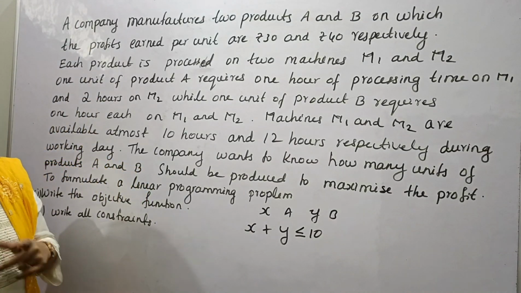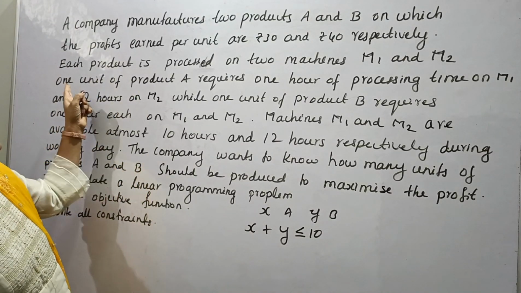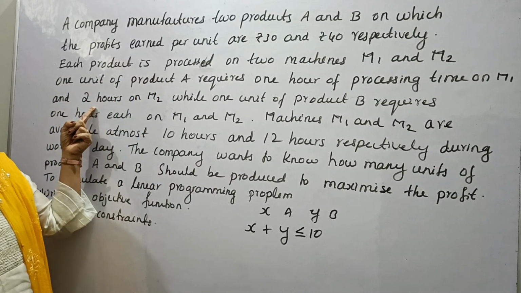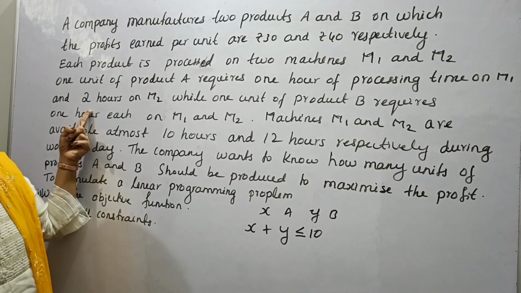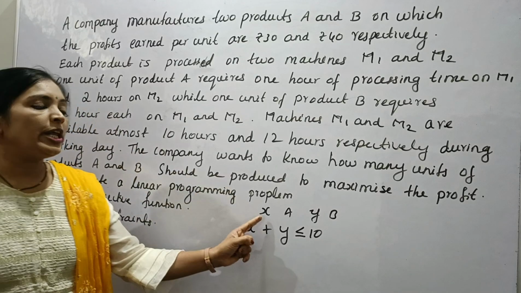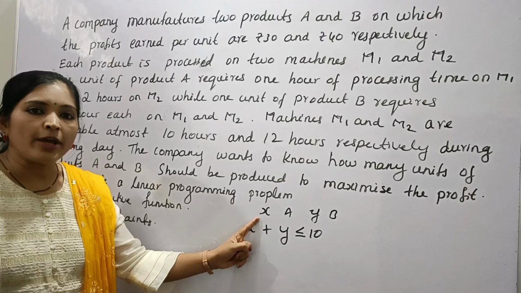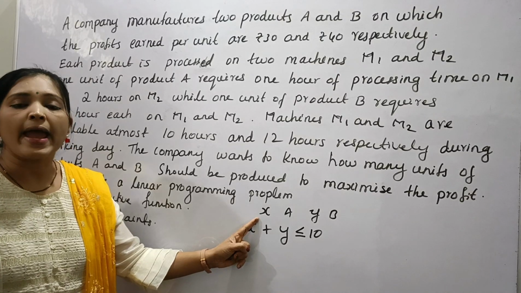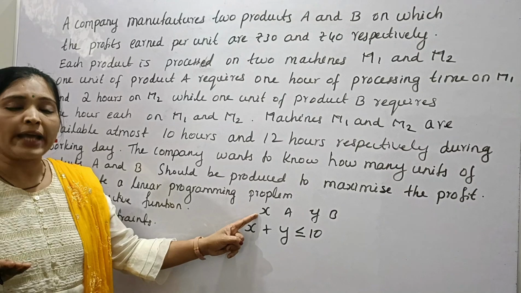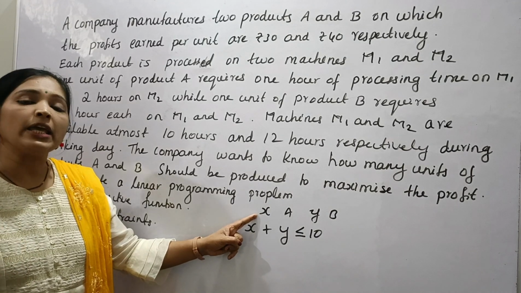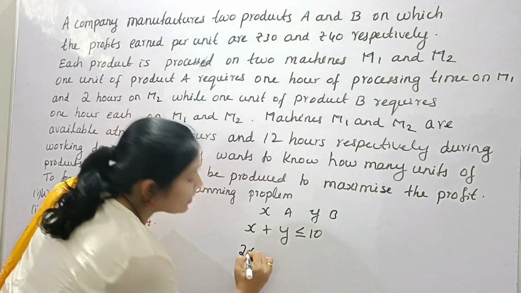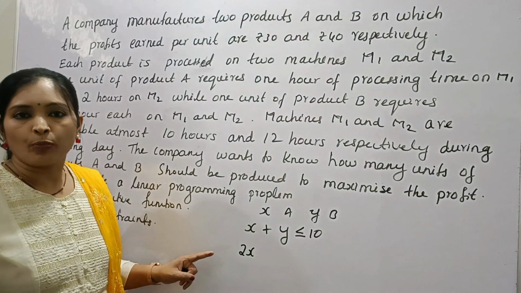Okay, in machine M2, 1 unit of product A requires 2 hours. How many units are there? x units of product A. Therefore, what is the total time for product A in machine M2? 2x, right? Because 2 hours per unit.